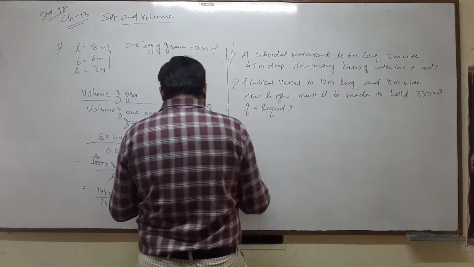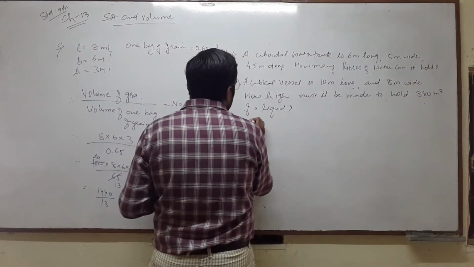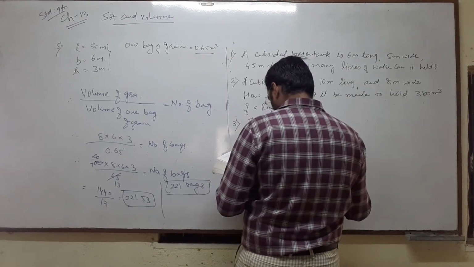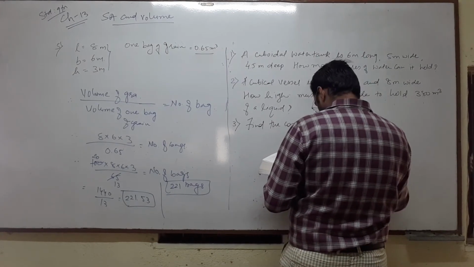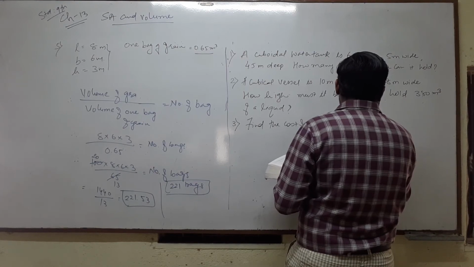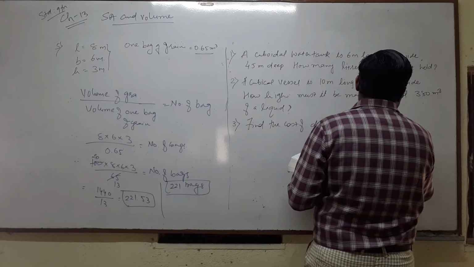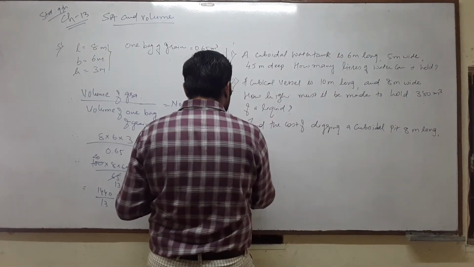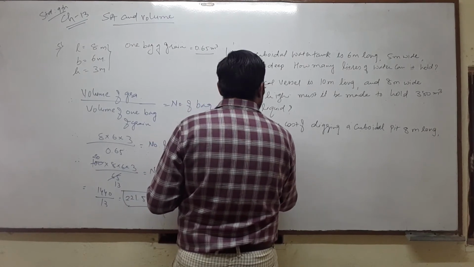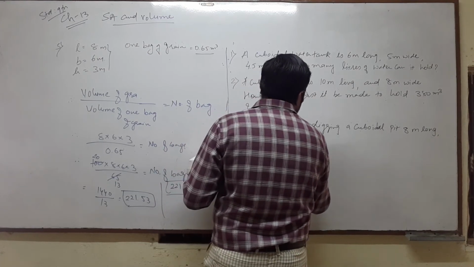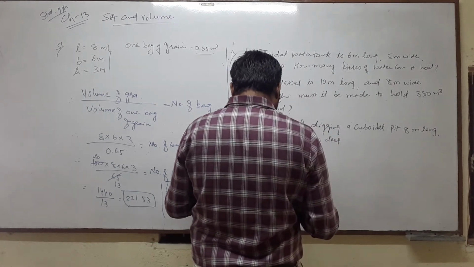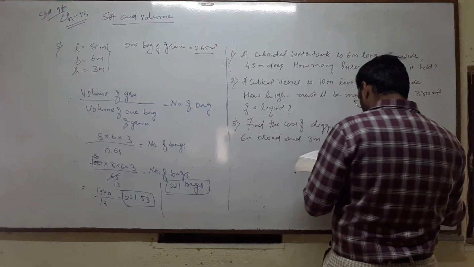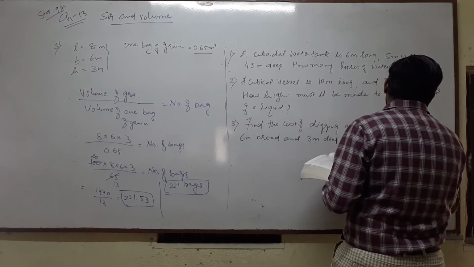And the last one, the third one, is: find the cost of digging a cuboidal pit 8 meter long, 6 meter broad, 3 meter deep, at the rate of rupees 30 per meter cube.